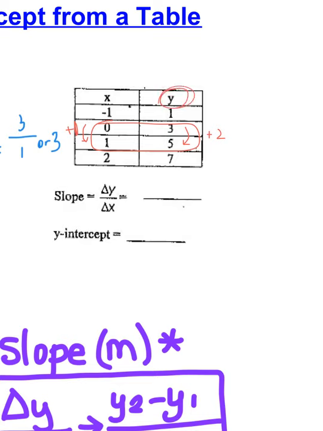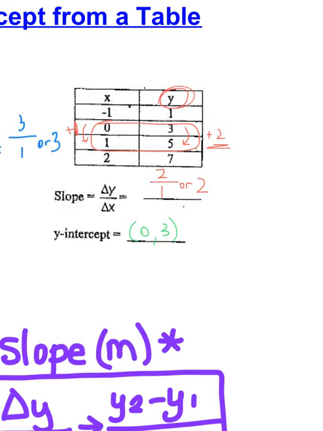My y number needs to go first, so 2 on the top over 1, or just 2. There's my slope. Now my y-intercept is going to be 0, 3. You can see where I got that from in the table.